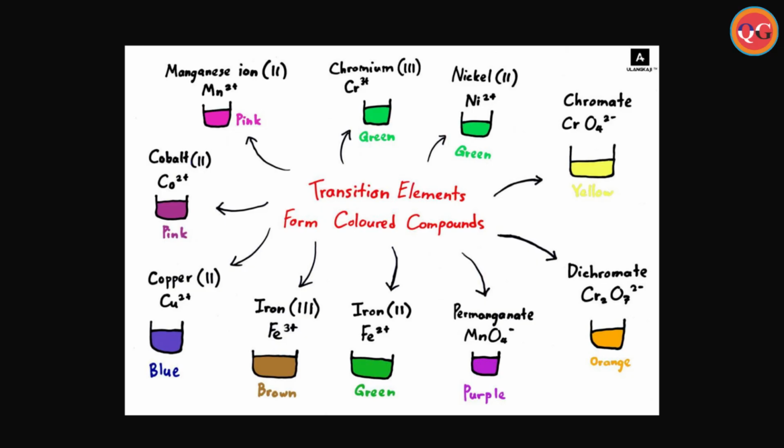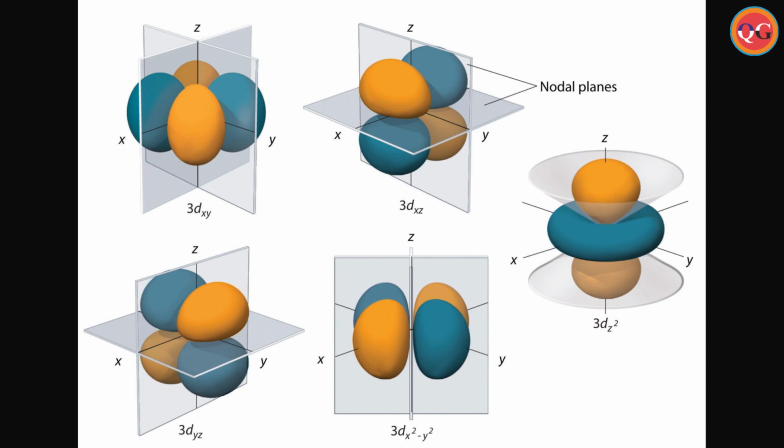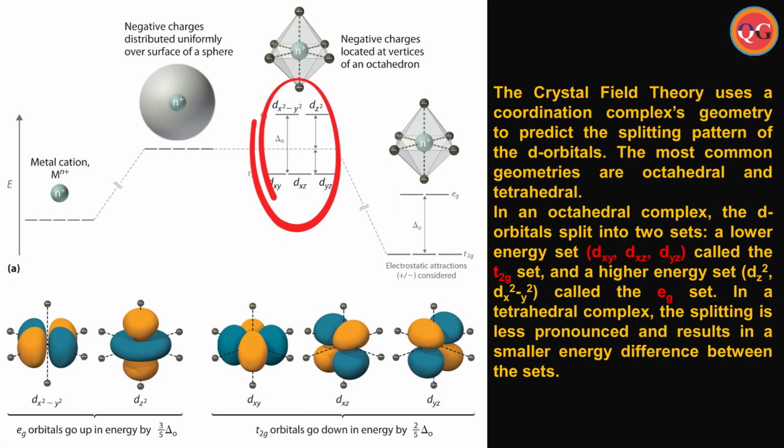In transition elements, there are 5 d orbitals in each d subshell designated in the diagrams. These orbitals have specific shapes and orientations, affecting how they interact with ligands in coordination complexes. In the presence of ions, the degeneracy of the d orbitals is lifted, leading to crystal field splitting.